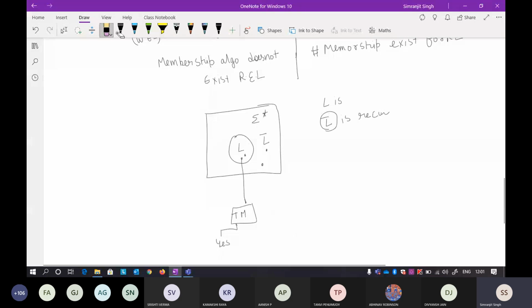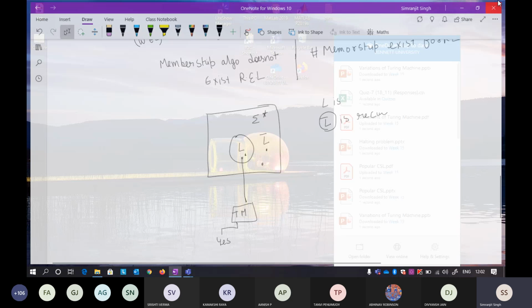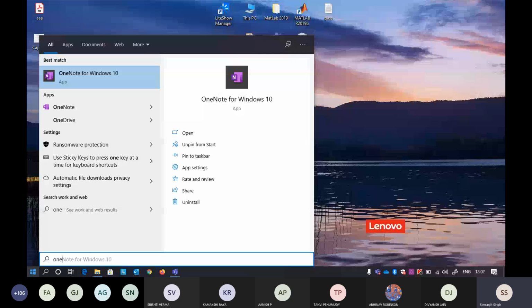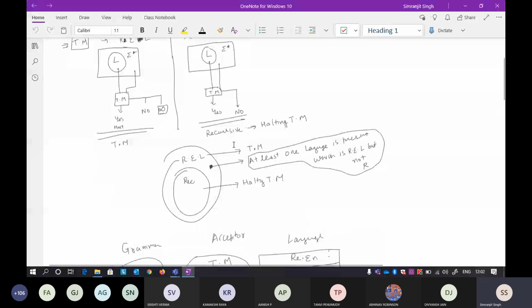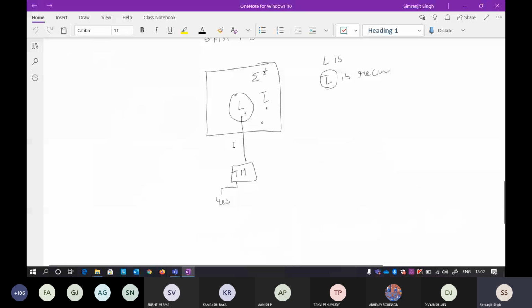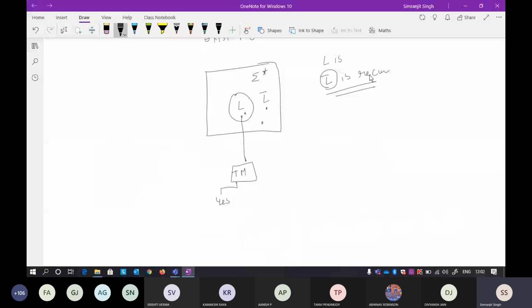Now it is also saying that L dash is recursively enumerable.